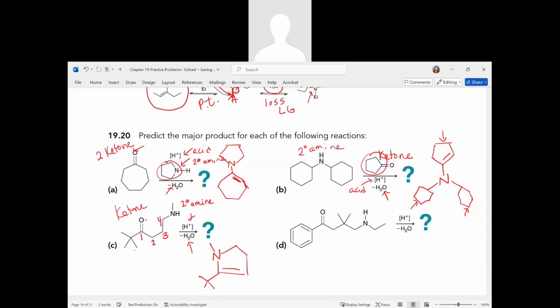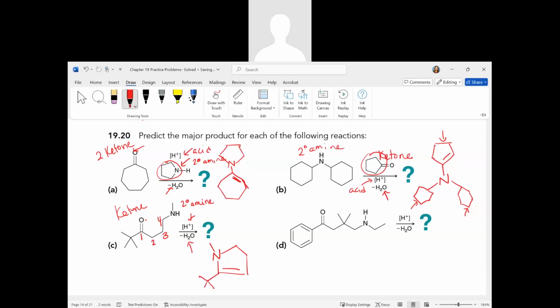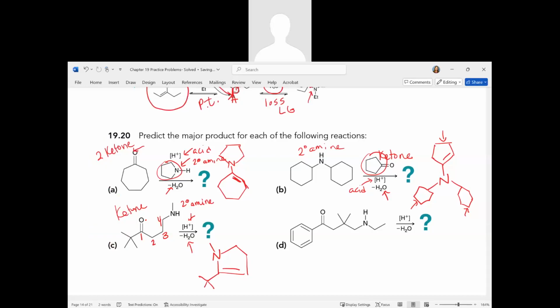And then to give you a better idea of where each of these carbons ended up, let's number our product. So this would be carbon 1 here with what looks like that tert-butyl group coming off. Then we have our carbon 2 here, 3, and 4.